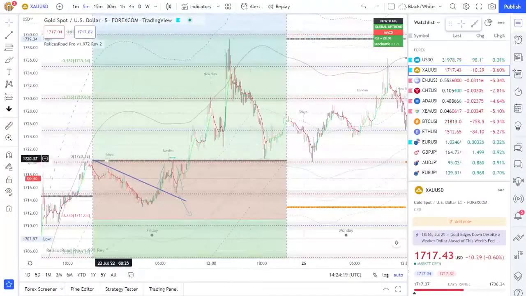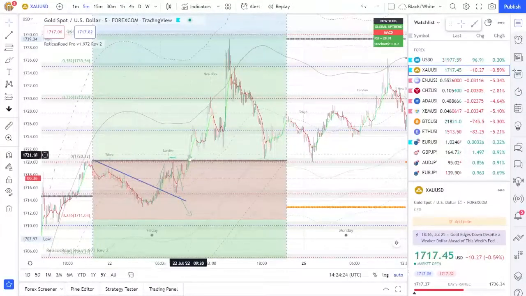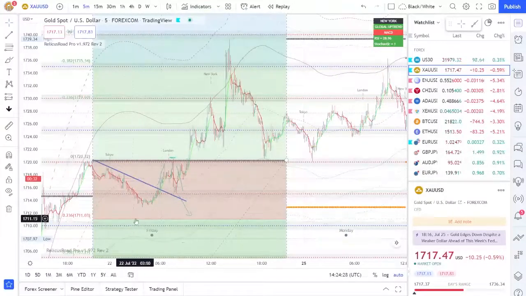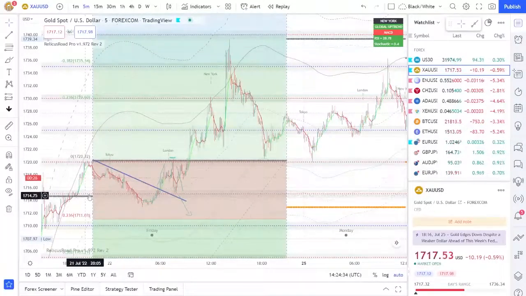We see the Tokyo session open, and it does not break this level. Now here we can see this is the action, the Fibonacci level right here, and it gets rejected from the previous day high. So this was a pretty good stop loss hunt.